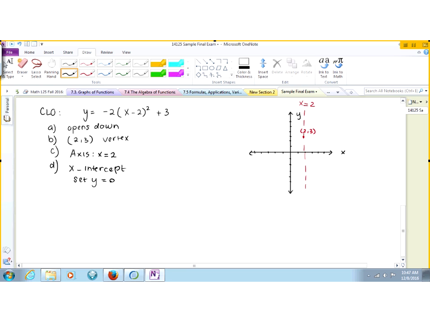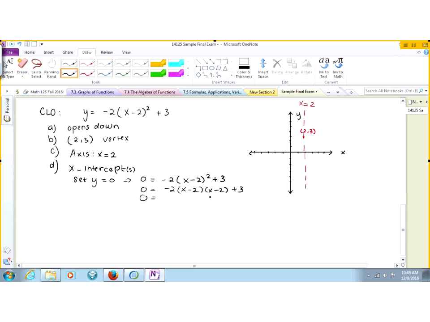Okay. So when we find x-intercept, remember we have to set y equals to 0. So what we have was 0 is equal to -2 times (x minus 2) squared plus 3.